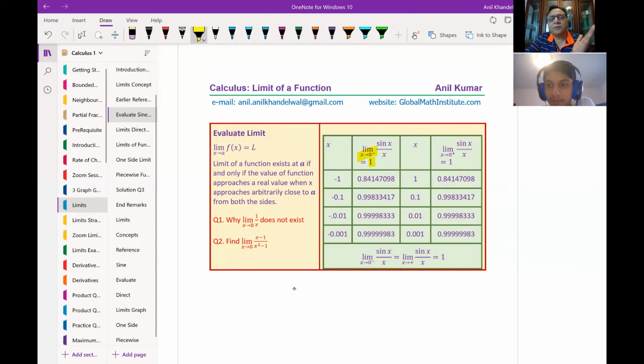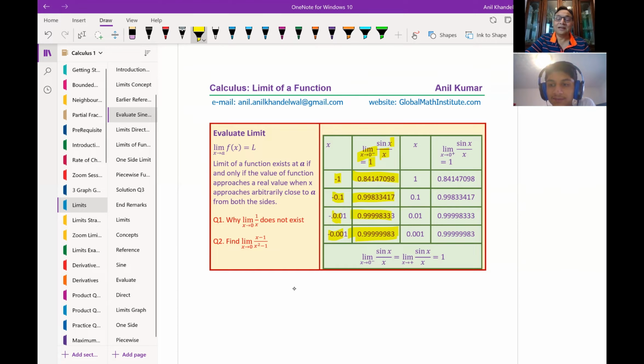So let's say we begin with minus 1, which is very far away, come closer to minus 0.1, minus 0.01, minus 0.001, which is very close to 0, correct? Substituting those values of x and using your calculator, you can calculate these values. And you see, as x approaches 0, the value of the function approaches 0.999, meaning 1. Really close to 1.